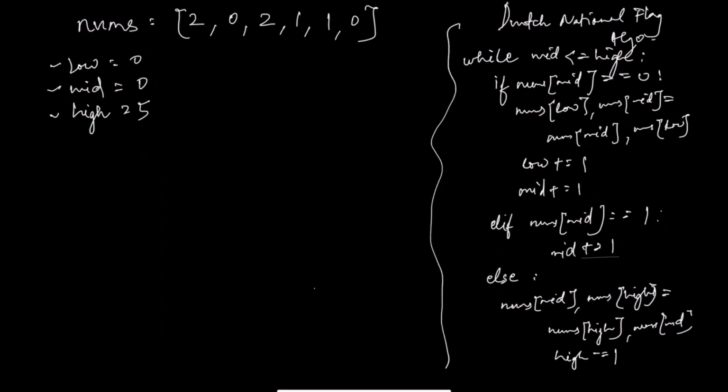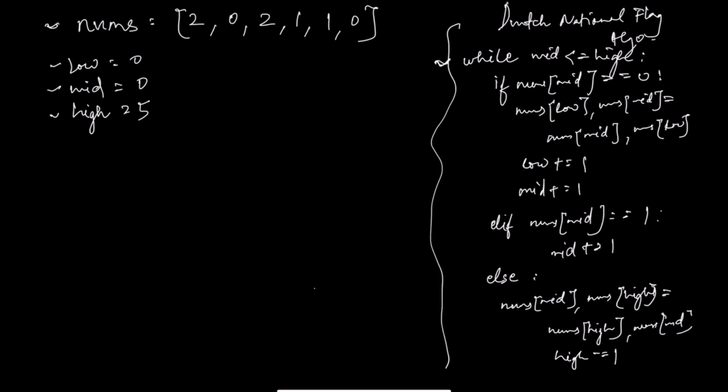So we have got low at 0, mid 0 and high 5. Let's dry run through this array and see how we can sort this. While we come here, our mid is smaller than or equal to high. Our mid is 0 and high is 5.